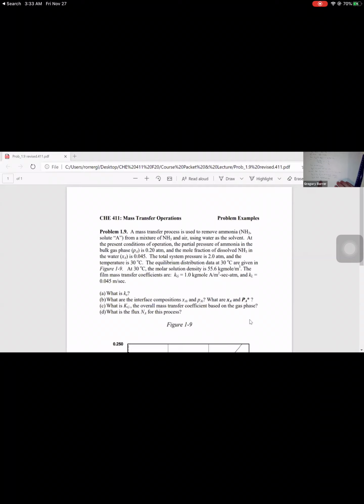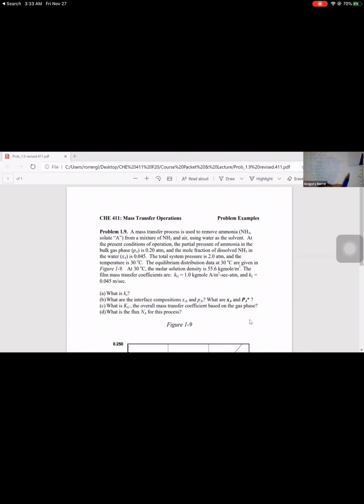So now we're almost done, but we're also out of time. The strategy, now that we have kx and kg, is to use those to get the slope here, and we already know PA and XA.